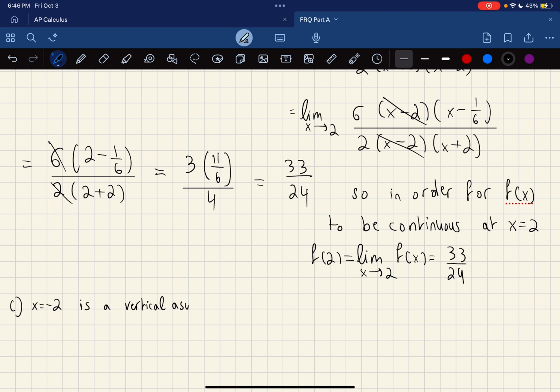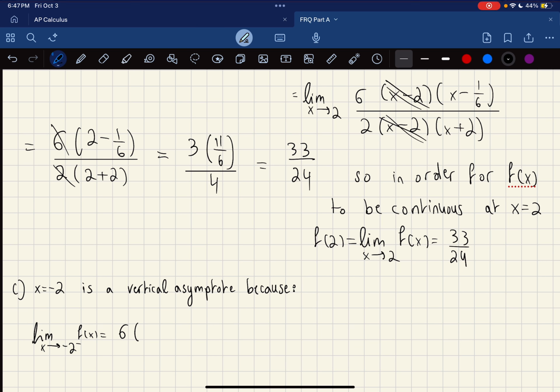Because the limit as x is going to negative 2 from the left of f of x is going to be 6, I'm going to consider x minus 2 already gone, so 6 times (negative 2 minus 1 over 6) over 2 times (negative 2 plus 2).